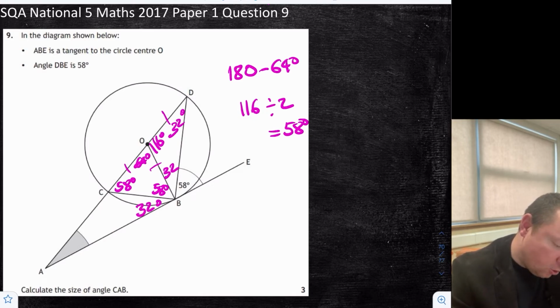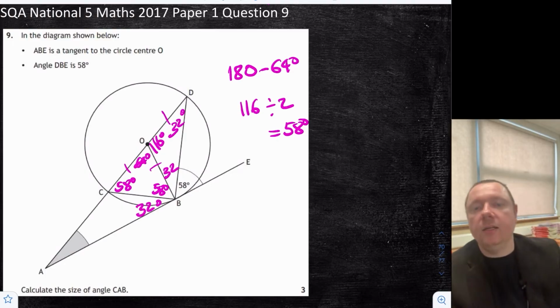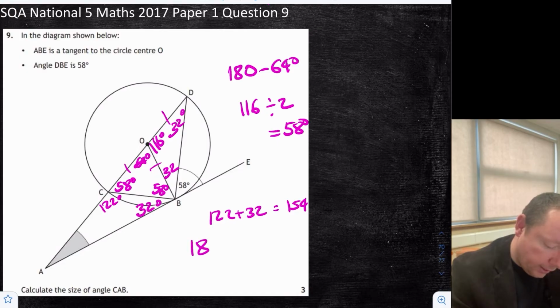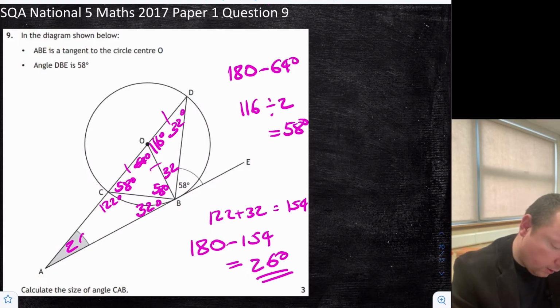I know that these two add up to 180, so I can do 180 minus 58, which is 122. And then finally, 122 plus 32 makes 154. 180 minus 154 is 26 degrees for our final mark.